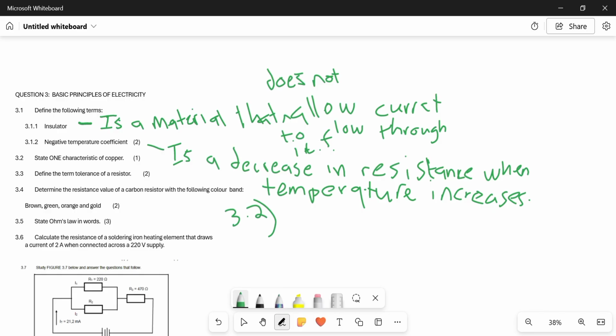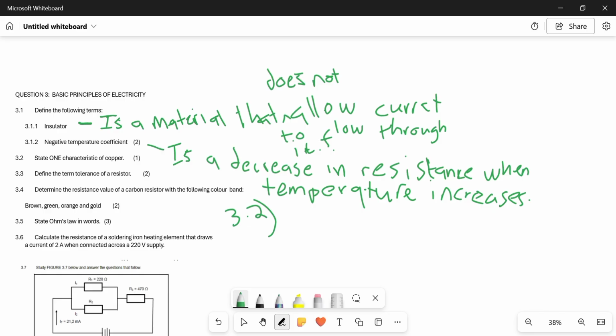Copper is a good conductor which allows electricity to flow freely. Sorry about the noise in my background, as you know, we live in households. So you can just state that copper allows electricity to flow easily through it. So it's a good conductor of electricity.